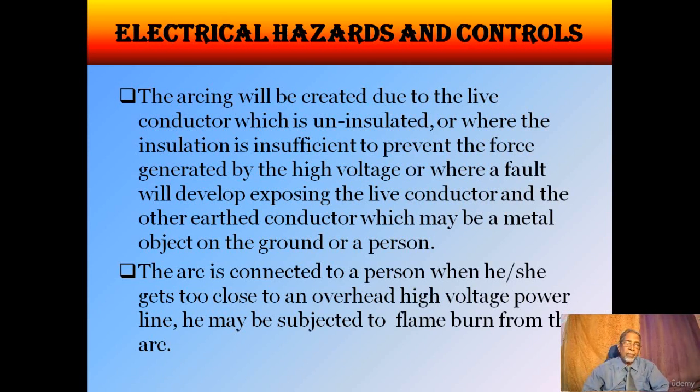There is another reason for arcing: when a person gets too close to an overhead high voltage power line, he may be subject to a flame burn from the arc.